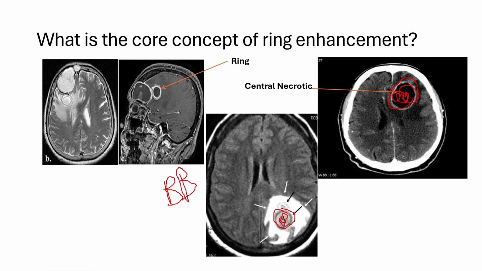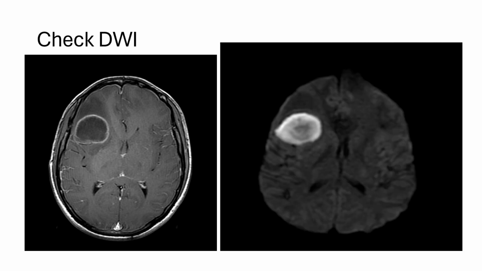Remember that ring enhancement is not disease specific. It is a radiologic pattern that can be produced by multiple pathologies like infection, tumor, demyelination or vascular lesion. If you see a rim enhancing lesion, always ask one question: is there diffusion restriction? If yes, where is it? Is it central or peripheral?